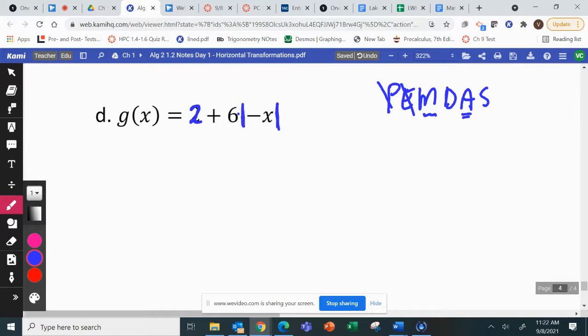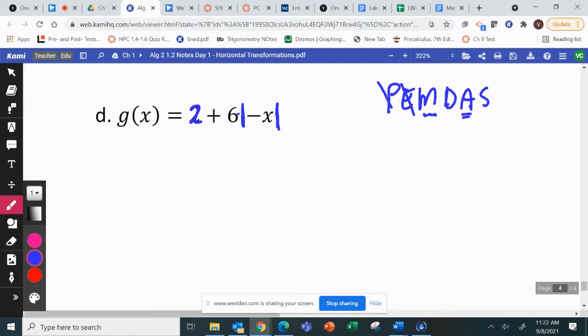Okay. Guess why I put it that way? So we can talk about it. It's not to confuse you. So let's talk about what is 2 as a transformation. It's going to translate. Is it on the inside or outside?